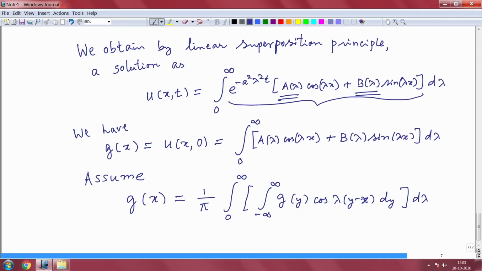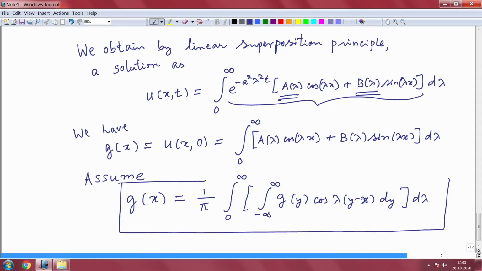So, in the assumptions I am assuming that G can be written as the inverse of its cosine transform. This looks like a very strange assumption, but for those of you who are familiar with the Fourier transform, it is not strange.